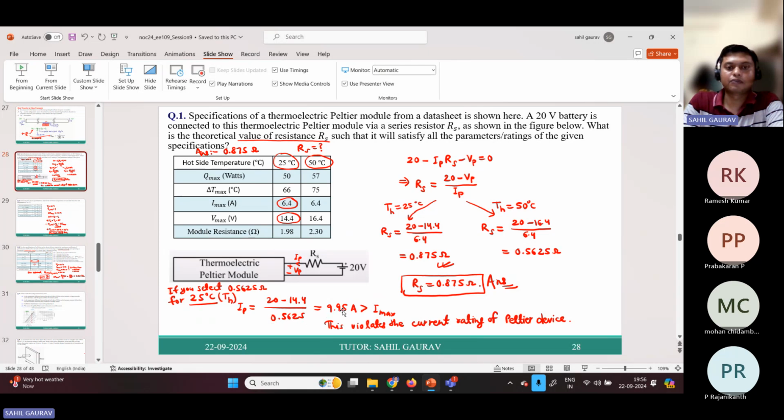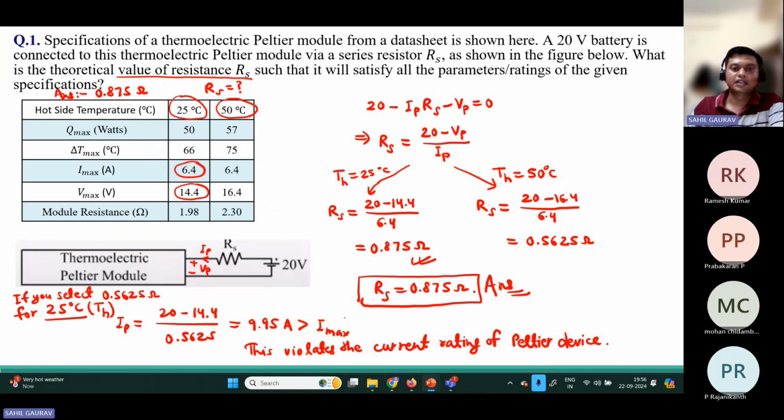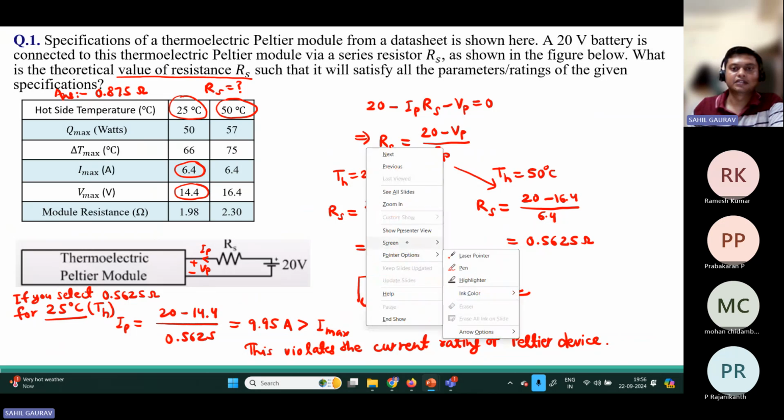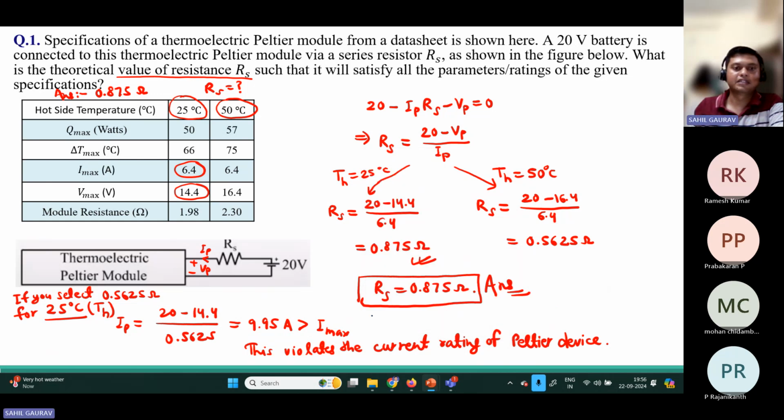If you calculate, you get 9.95, while this I max is given as 6.4 only. So you cannot allow this amount of current flow through your Peltier module.